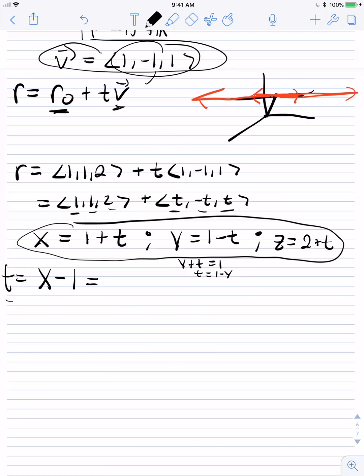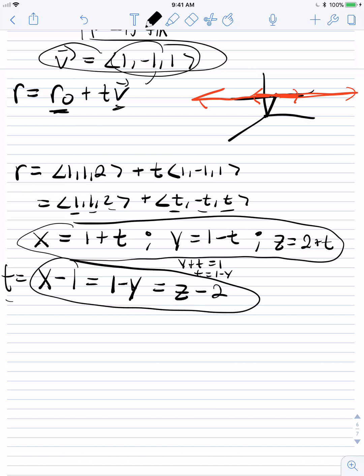So all these equal each other. And for z, same thing, I can subtract the 2, so z minus 2 is equal to t also. So these would be our symmetric equations. And that's how you find that.